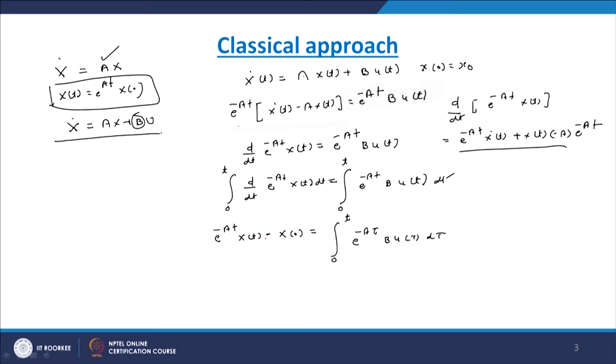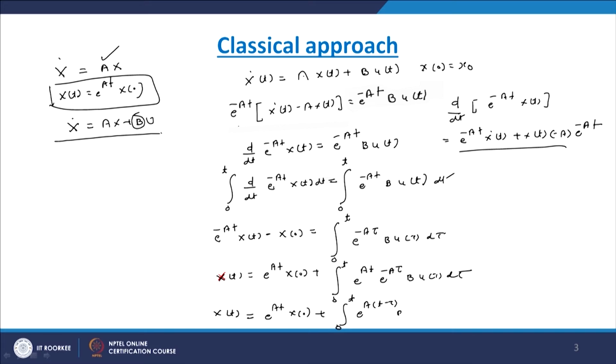So, what happens, this full term will be nullified and therefore, we can write down the equation as x of t equal to e raised to a t x naught plus integral 0 to t e raised to a t e raised to minus a tau b u of tau d tau, and therefore, finally, this x of t equal to e raised to a t x naught plus integral 0 to t e raised to a (t minus tau) b u tau d tau.